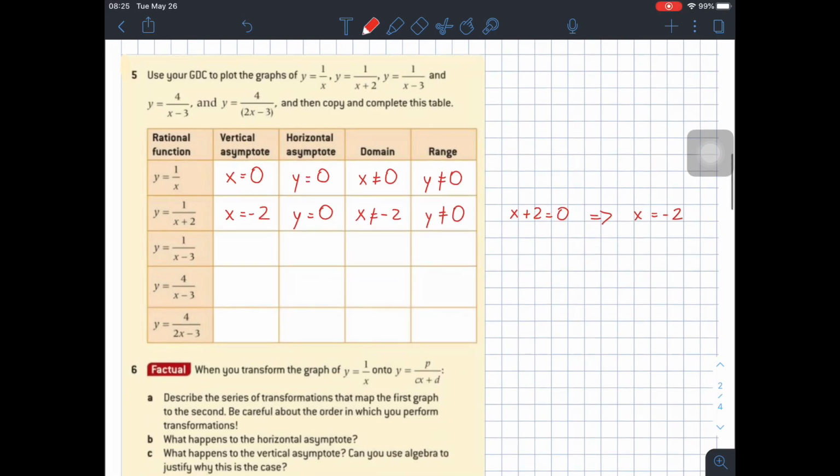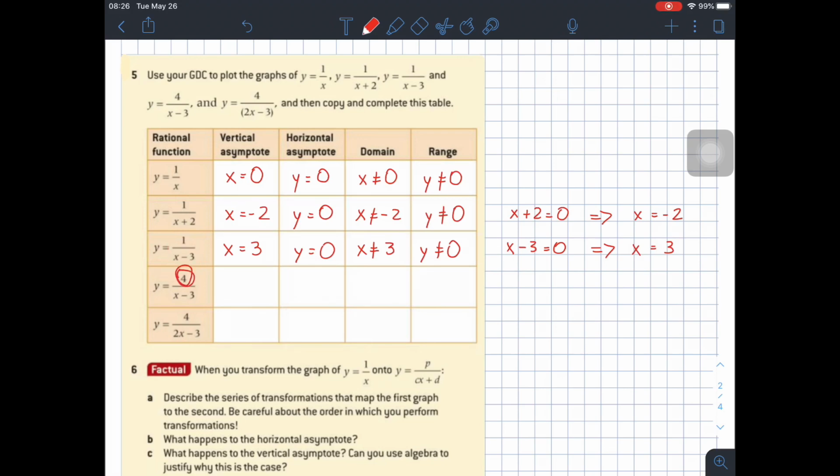If we look at the third case, we can do the same thing. We can set the denominator to 0. So the vertical asymptote would be x equals 3. The horizontal is still y equals 0. Then the domain would be x different from 3, and the range y different from 0. Now in this case, we have exactly the same as this, except that we have a 4 over here.